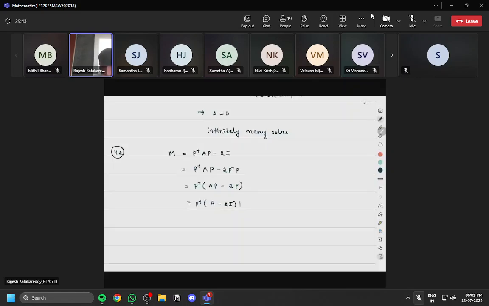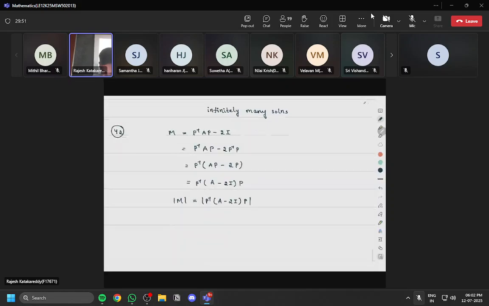Determinant of P inverse into A minus 2I into P equals determinant of P inverse, determinant of A minus 2I, determinant of P. So the determinants of P inverse and P cancel, and this equals the determinant of A minus 2I.